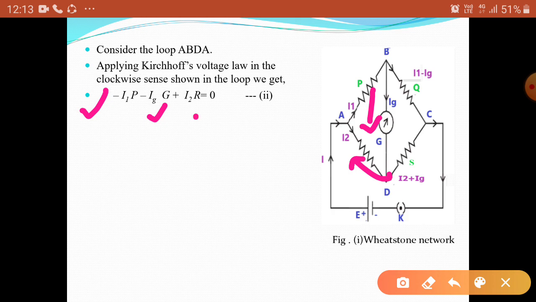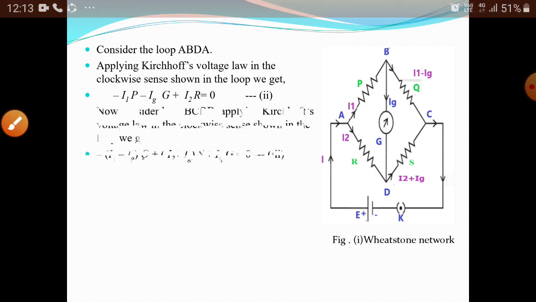That's why the potential difference across the resistor R must be positive. From this we can represent equation number 1: minus I1P minus IgG plus I2R is equal to 0. In this way, we can apply Kirchhoff's voltage law to the loop ABDA.